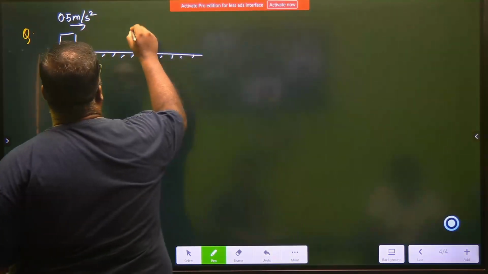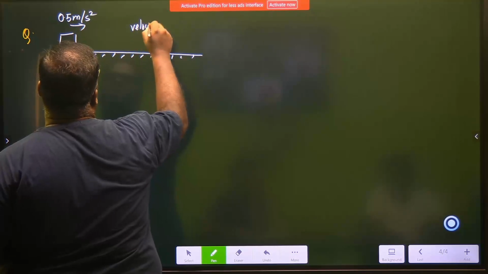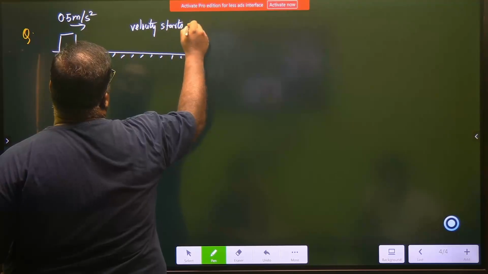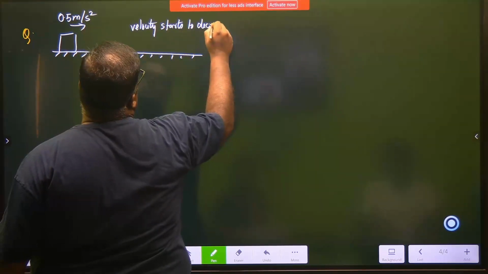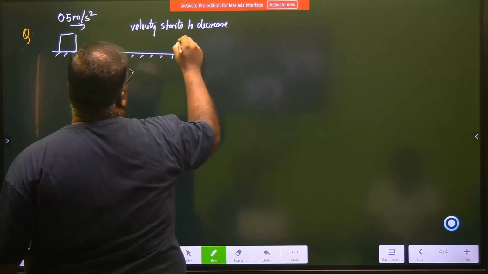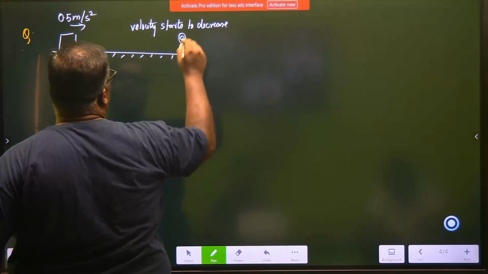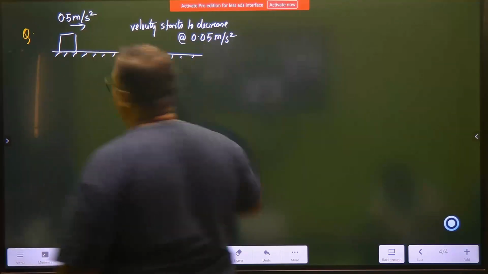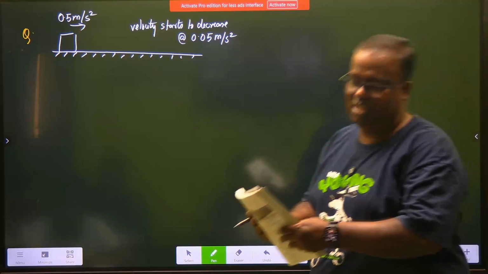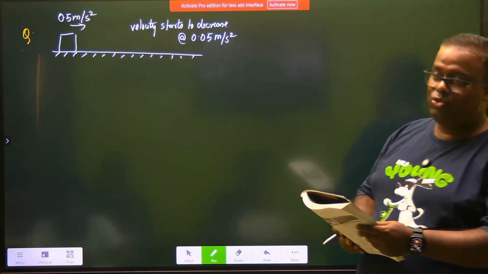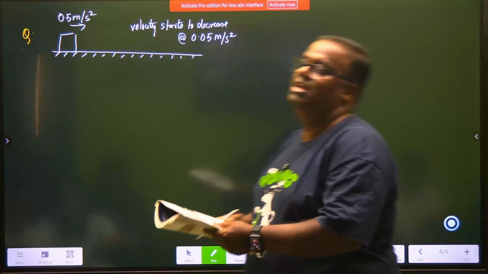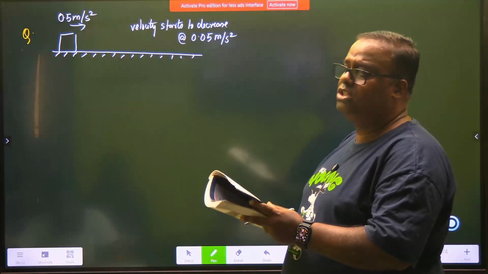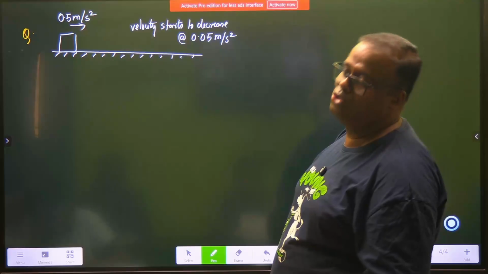See how the English is presented in this problem: velocity starts to decrease at a rate of 0.05 meter per second square. Decrease means there is deceleration. So when we do the problem, acceleration has to be negative. How much time will it take for the body to stop?